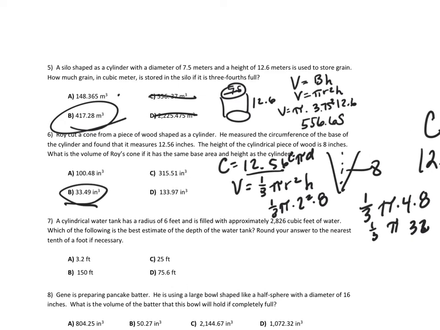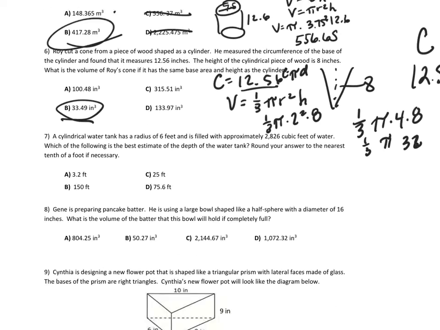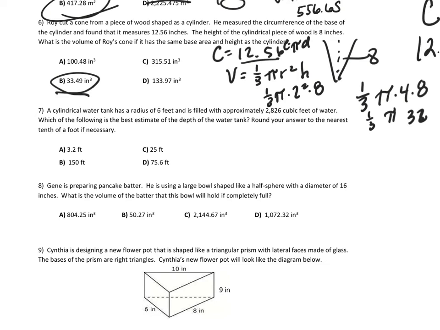Y'all good with that? Yeah, I got that. Okay. Number 7. You should have got close to that. Like, I got 33.51, but this is 33.49. When we rounded that 3.99 up to 4, that's where your little tenths are going to be off. Does that make sense?